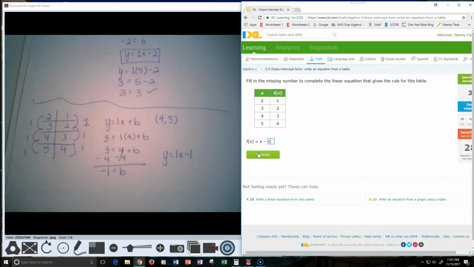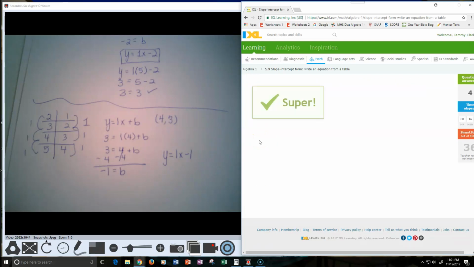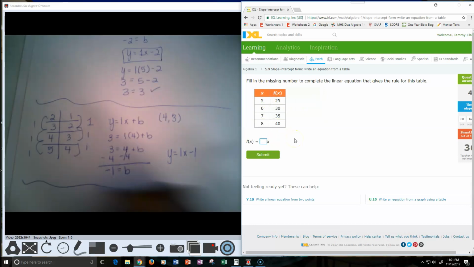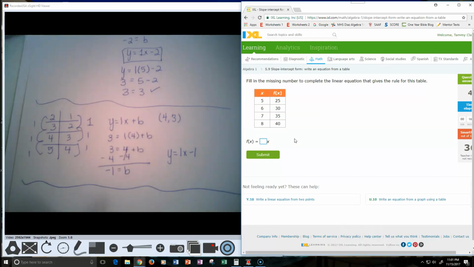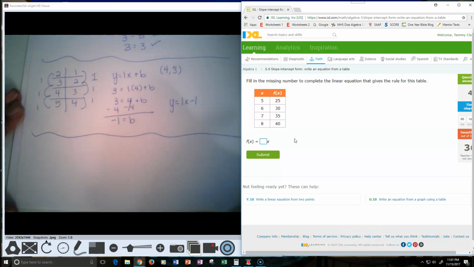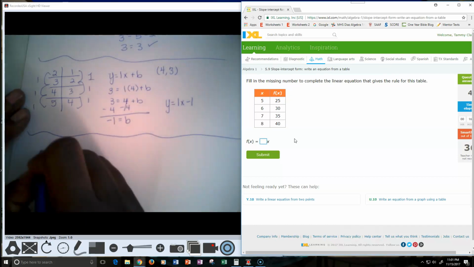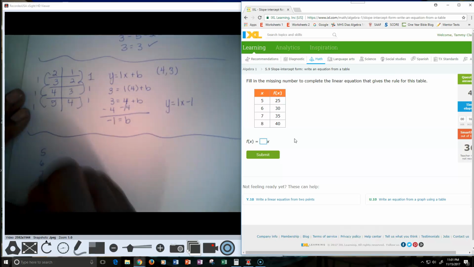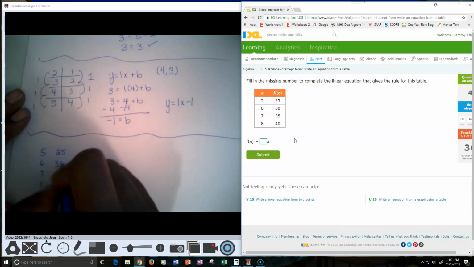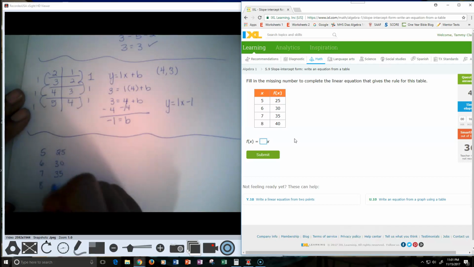So we're just going to type in minus 1 there because we already see that we have the slope of 1 in front of the x. Let's try this one. And I think we'll call it a day on S9. If you need further instruction, then I'd be glad to sit with you. So we have 5, 6, 7, 8, and as our y, 25, 30, 35, 40.